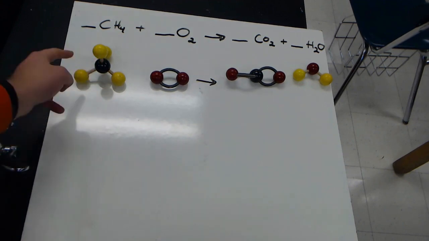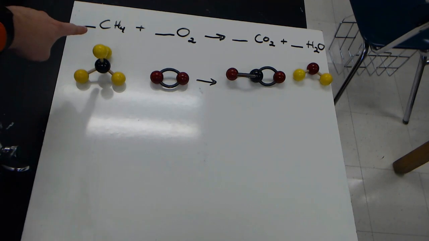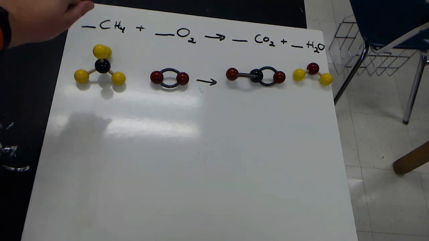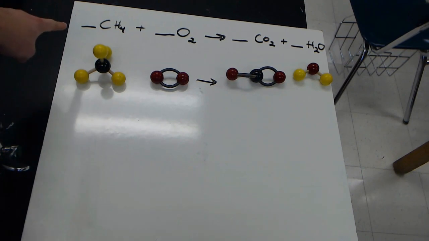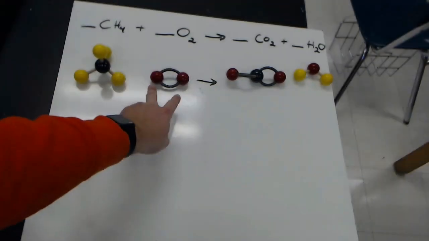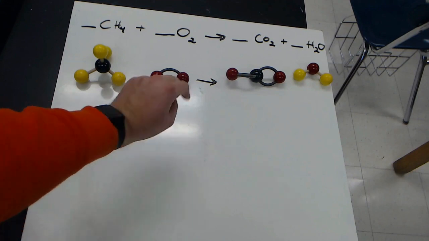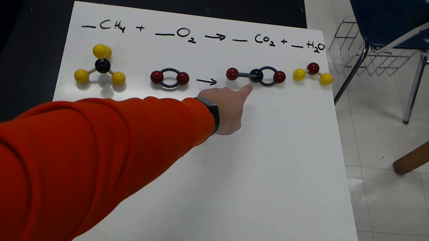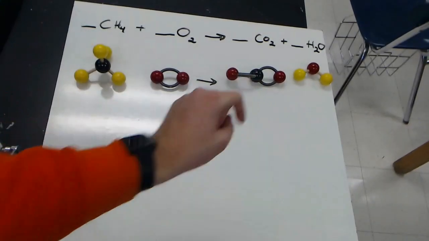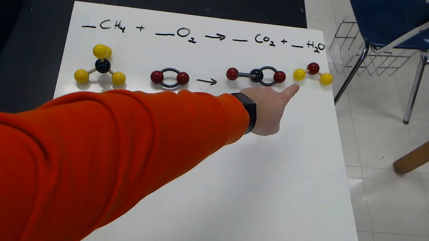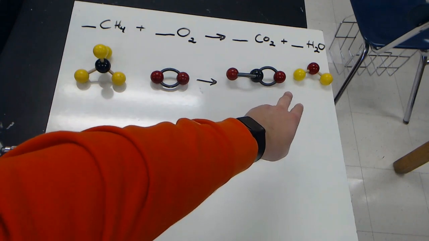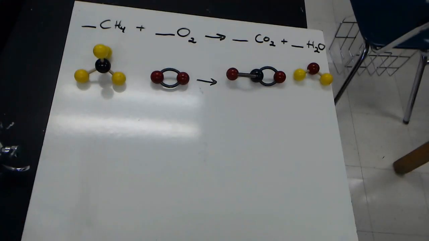Over here I have 4 yellow spheres, so that is the hydrogen, the H. I have 1 black sphere, that's the carbon. I have 2 red spheres, those are oxygen, red is for oxygen. Over here I got a black one for carbon and 2 red ones for oxygen. And over here I got a red one for oxygen and 2 yellow ones for hydrogen.